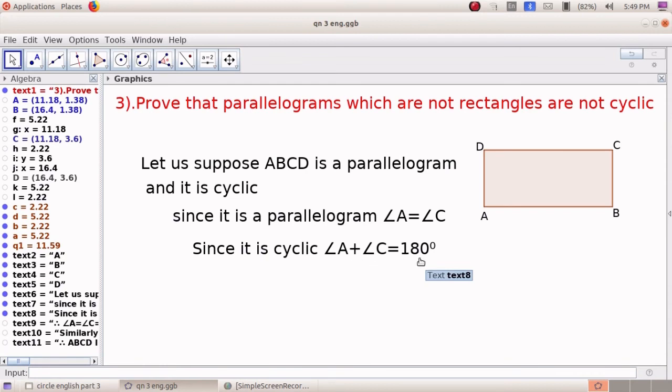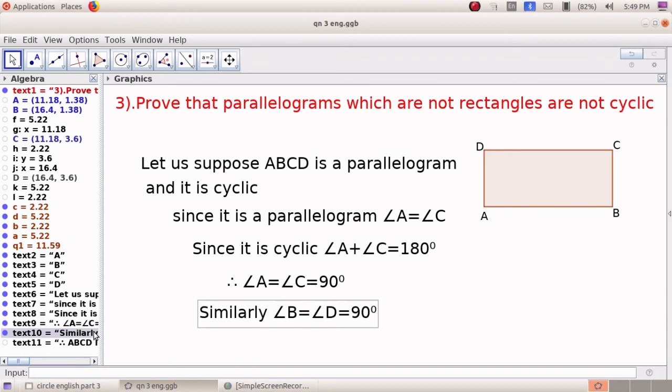Angle A equals angle C and angle A plus angle C is equal to 180 degrees. Two equal measures give 180 degrees as the sum. Therefore, each one of them will be half of 180, that is 90 degrees. Angle A and angle C are 90 degrees. Similarly, we can prove angle B equals angle D equals 90 degrees. We supposed ABCD a parallelogram and cyclic.